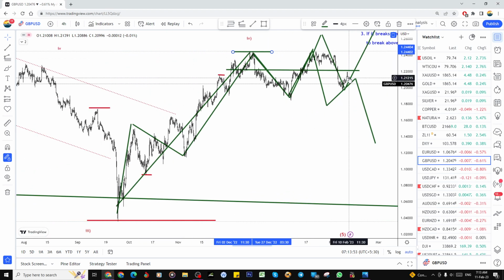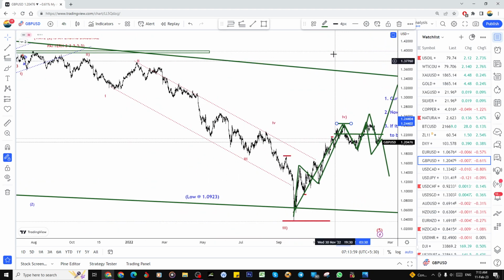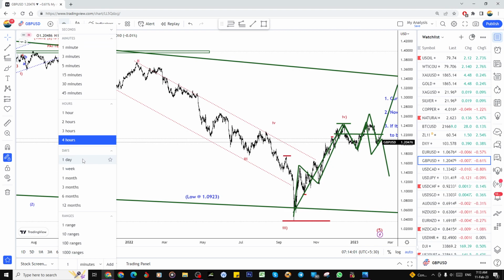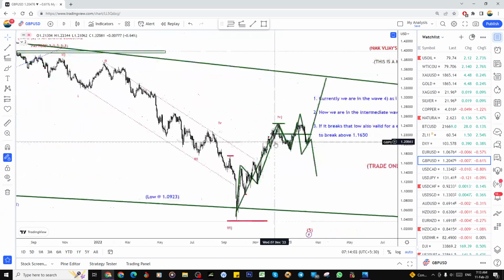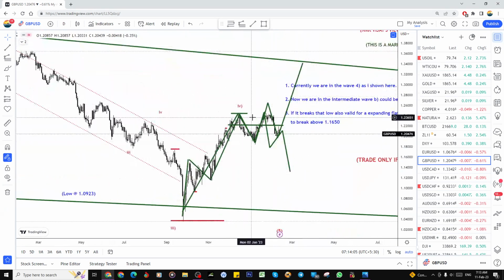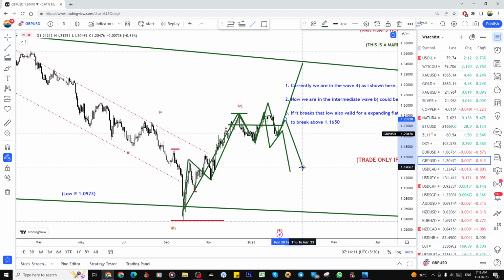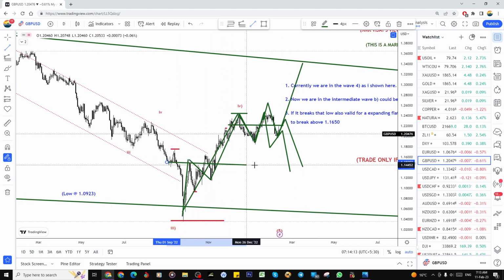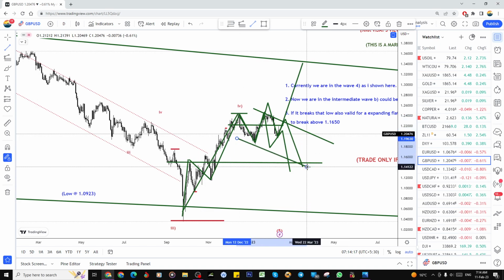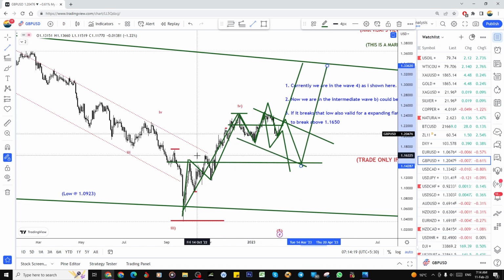So whether it is going to do like this, and it is doing the same thing, one more high is also possible here, the same pattern I'm looking for. So wait for the corrections to complete. It could be very simple like this, to retest this zone again. After this correction has completed, one more impulsive wave.